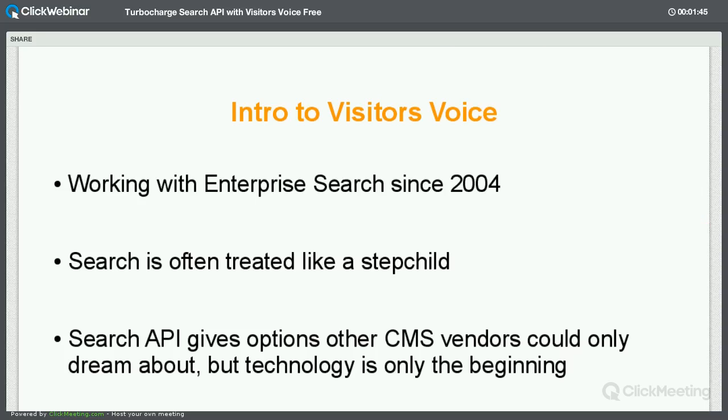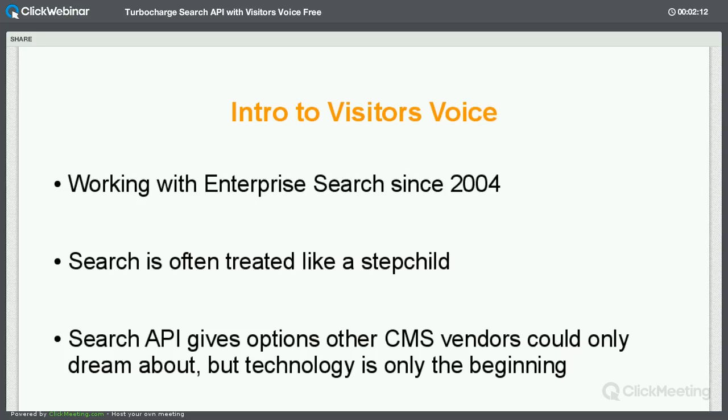So we've been working with enterprise search since 2004, providing different services. One thing is that search is often treated like a stepchild. Often the clients realize a bit late into the project that, oh yeah, we need search as well. And then the consultants implement it, but quite often there is no real deep thought behind it.